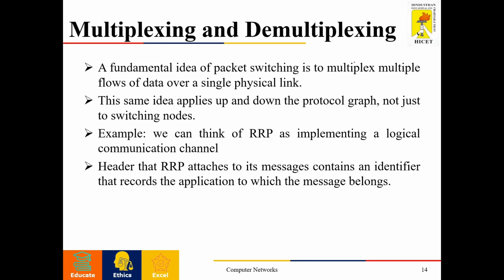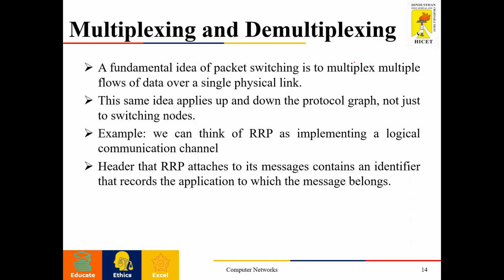A fundamental idea of packet switching is to multiplex multiple flows of data over a single physical link. This same idea applies up and down the protocol graph, not just to switching nodes. For example, we can think of RRP as implementing a logical communication channel with messages from two different applications multiplexed over this channel at the source host and then demultiplexed back to the appropriate application at the destination host.